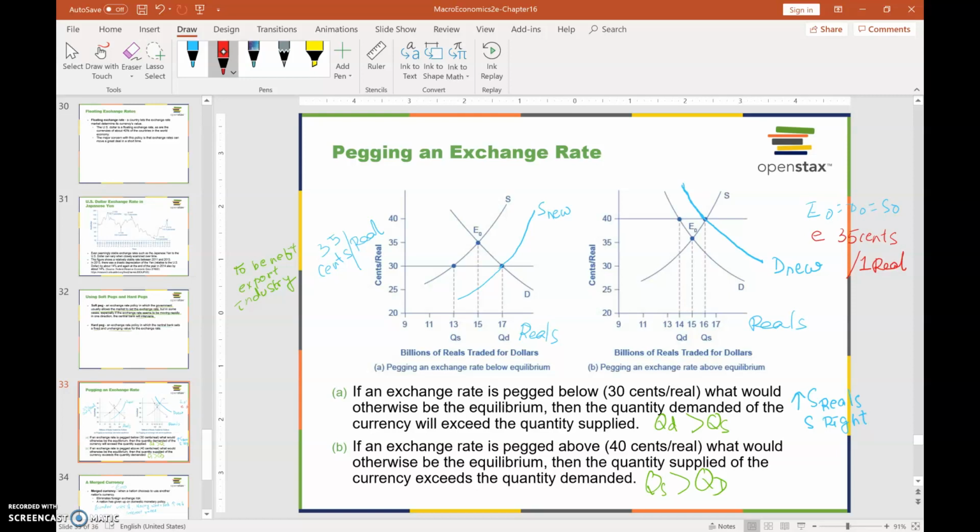So we have two situations here. Panel A, the central bank thinks 35 cents per real is too high and they want to keep the exchange rate pegged at 30 cents per real. Panel B, they think the exchange rate of 35 cents per real is too low and they want to keep the exchange rate pegged at 40 cents per real.